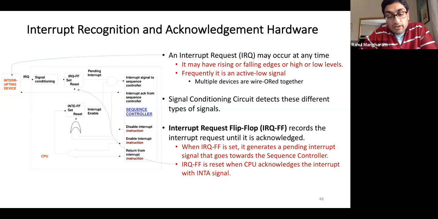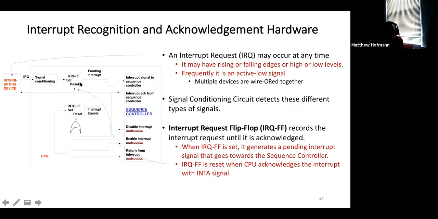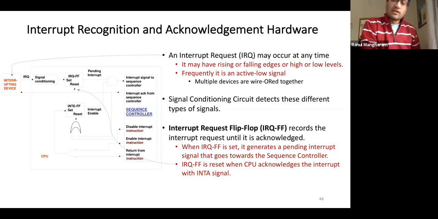In another system, instead of just having a flip-flop here, you would have a queue, with multiple buffers, and you could say, this buffer is occupied, so try the next one.